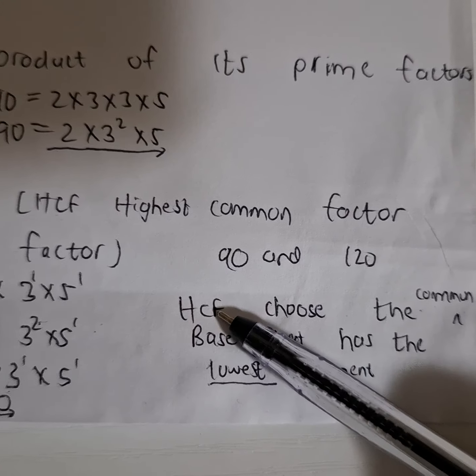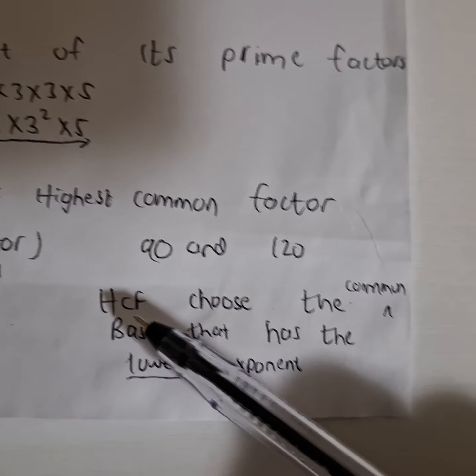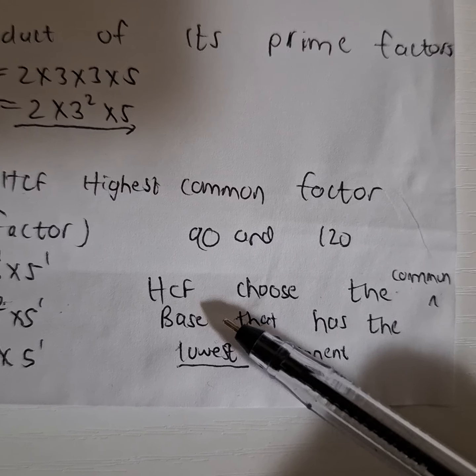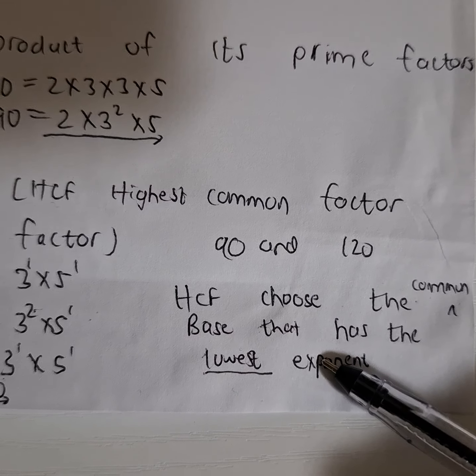Whenever we have our product of prime factors for each number, all we have to do is choose the common base, and this base has to be common for all the numbers listed, with the lowest exponent.